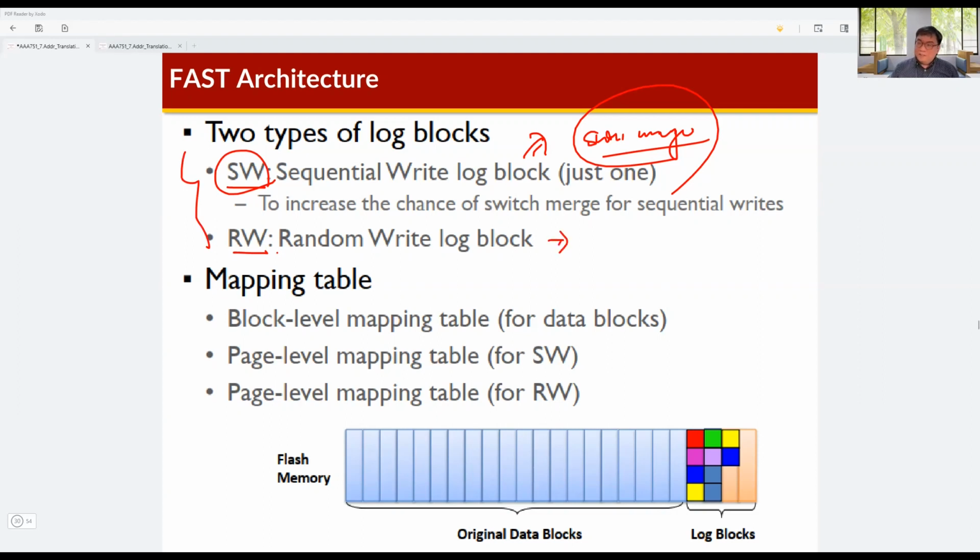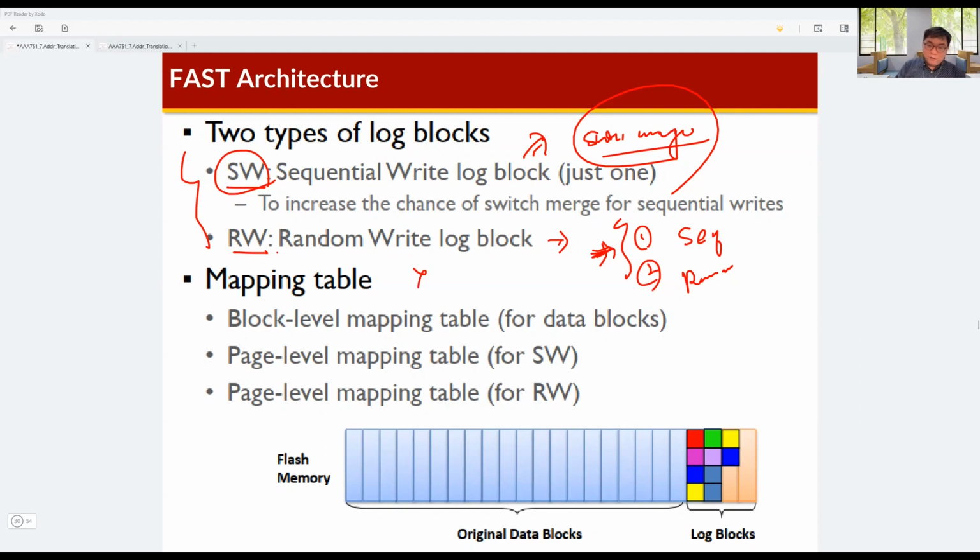So why do we need these complex mechanisms? Because as I explained, the access patterns to the storage are composed of sequential write and random write, and that's the problem. The storage devices are developed for supporting both access patterns, sequential write and random write, and the storage device also needs to support high performance for both kinds of write operation.